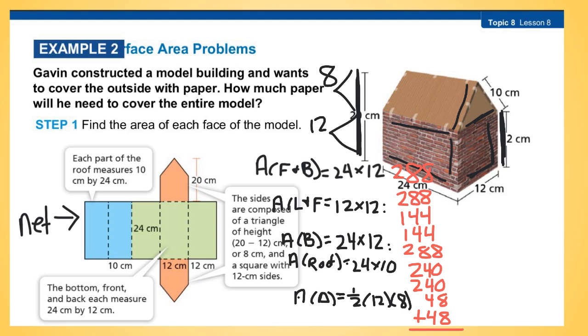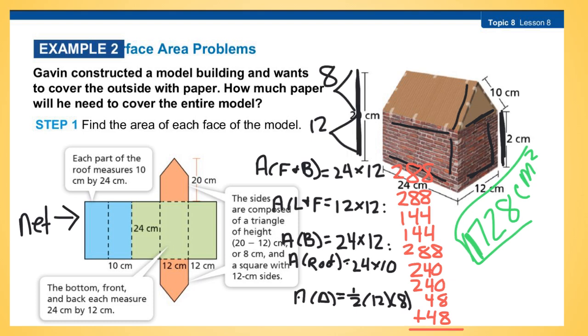I have 240 for the front of the roof, 240 for the back of the roof, 48 for the left triangle, and 48 for the right triangle, for a grand total of 1,728 square centimeters. Oop, I covered up my 1.